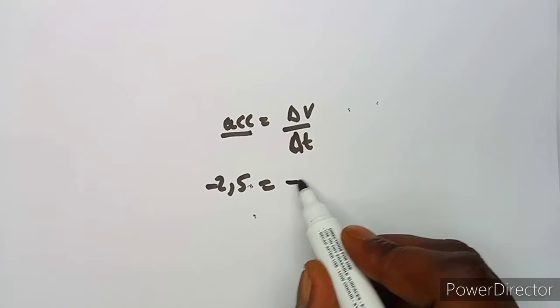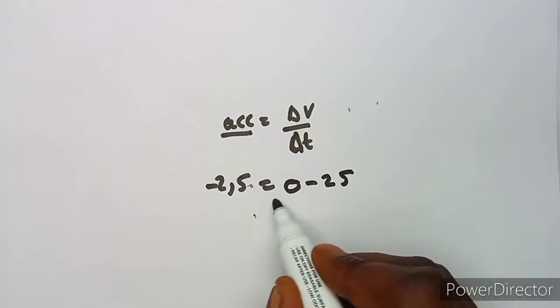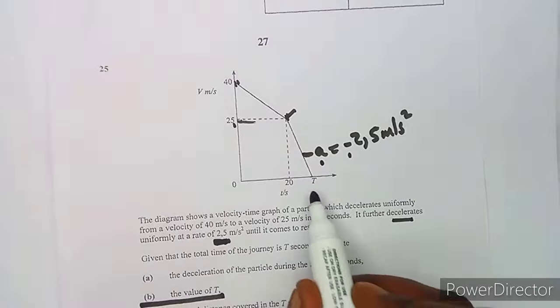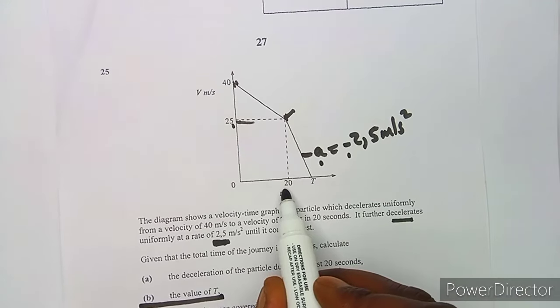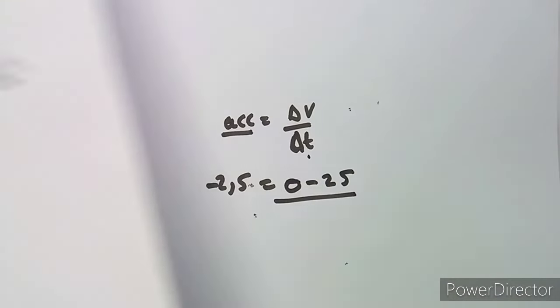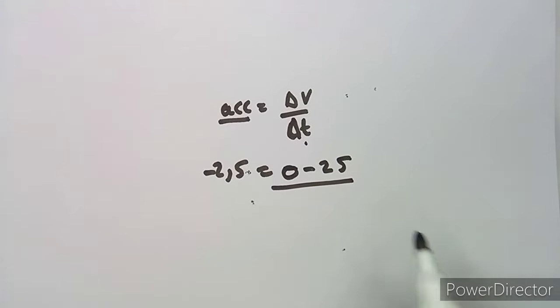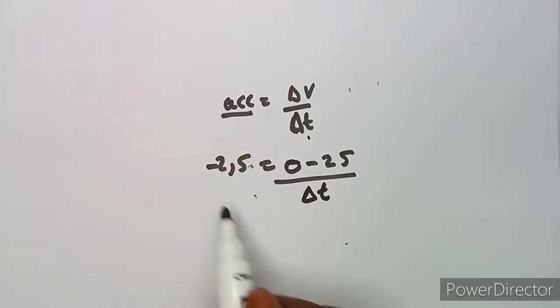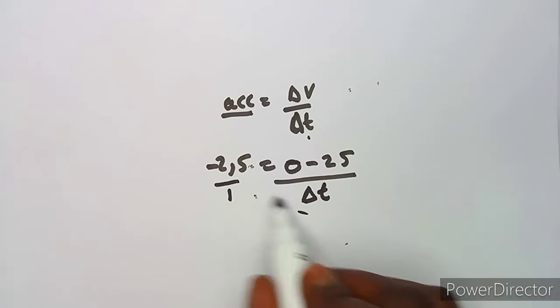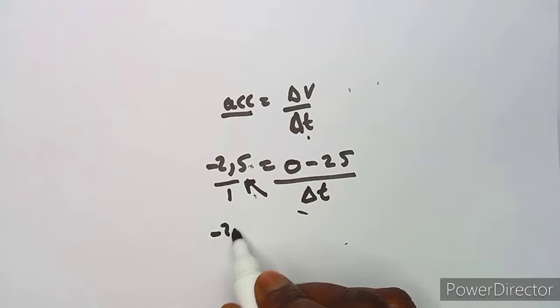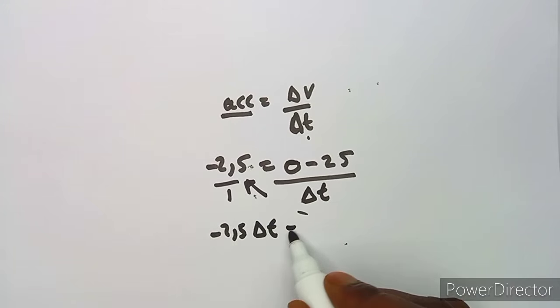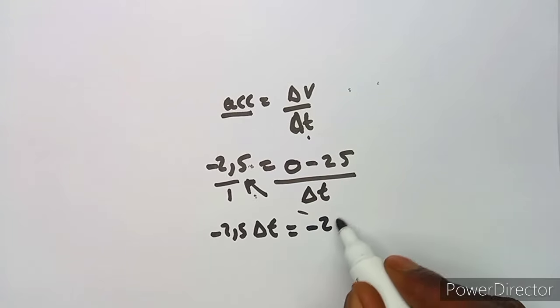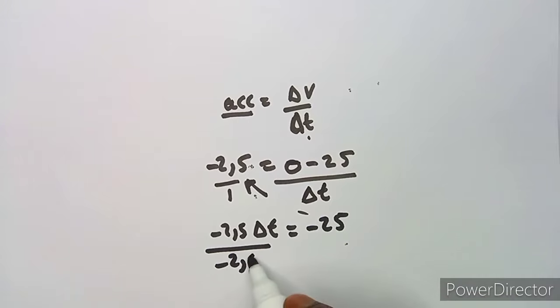So that's 0 minus 25 over the change in time, that is going to be t minus 20, or you can just calculate it as a change in time. I don't know what is going to be best for you. So you can have the value of the change in time, cross multiply: -2.5 times the change in time is going to give us 0 minus 25, which is -25, divided by -2.5.